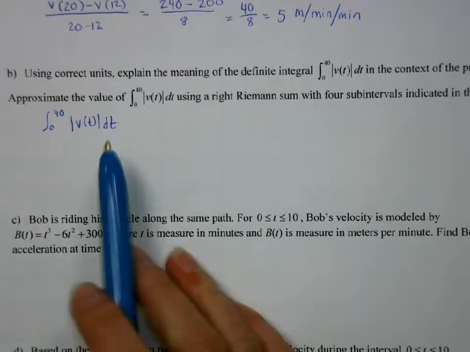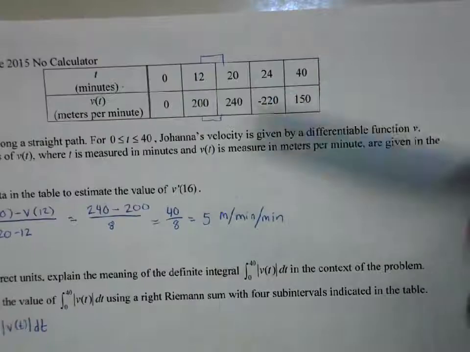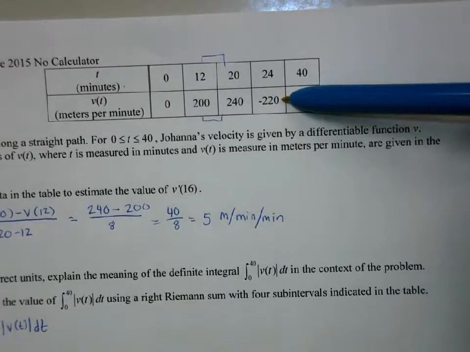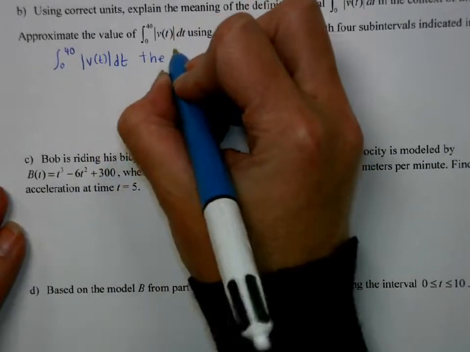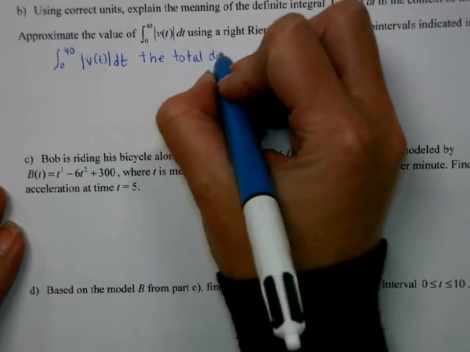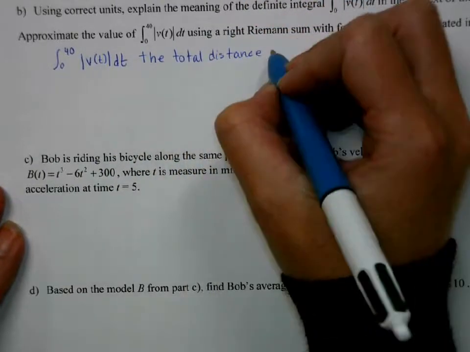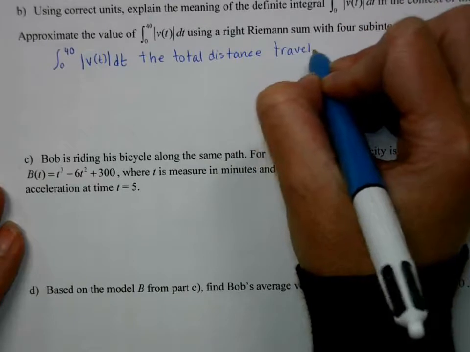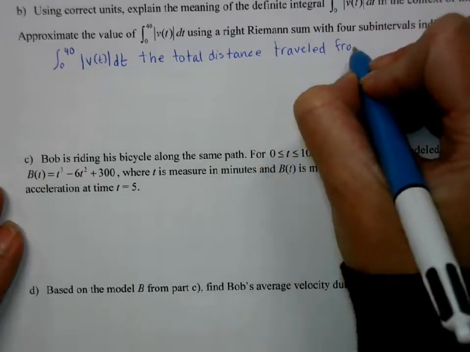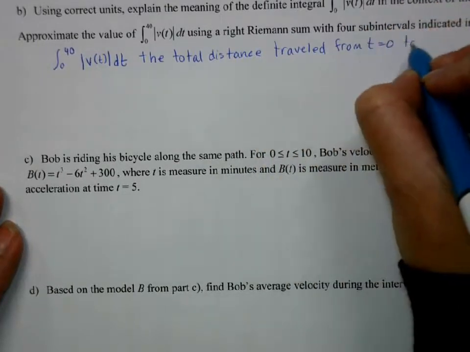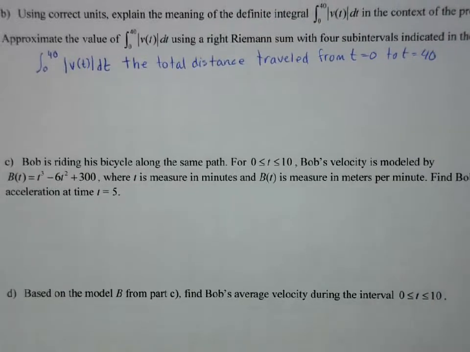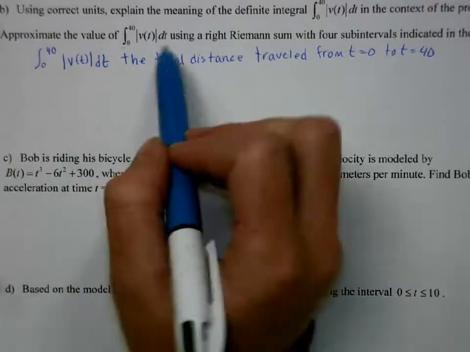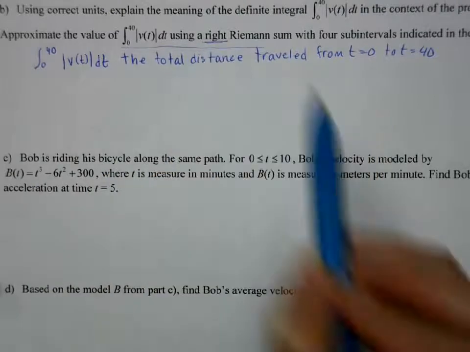The reason we have this absolute value part of it is because not all of our velocities are positive. So this is going to give me the total distance traveled from t equals 0 to t equals 40. It multiplies the rate times the time, so that gives us the total distance. Then it wants us to approximate the value using a right Riemann sum.